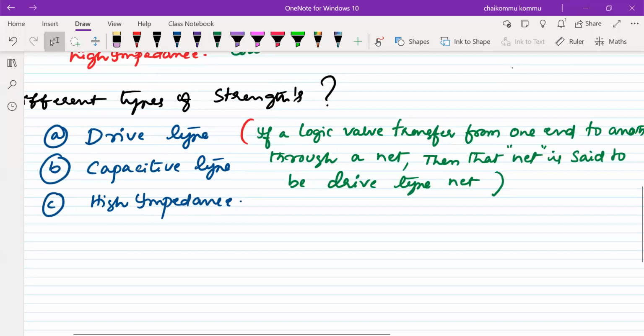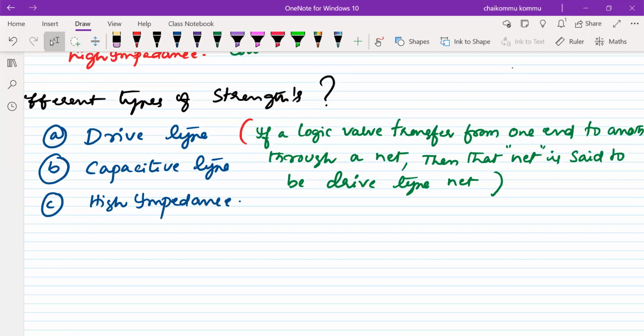Next, similarly, let us consider capacitive type. If you consider a net that is not only transferring data from one end to another, but also has the capability of storing information, that type of net we call a capacitive type net. That capacitive type net has capacitive type strength.